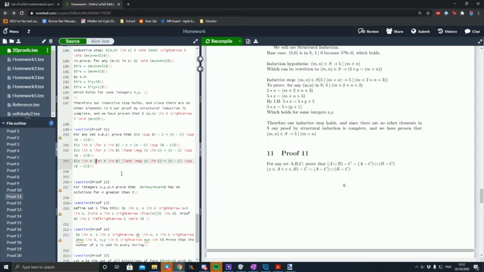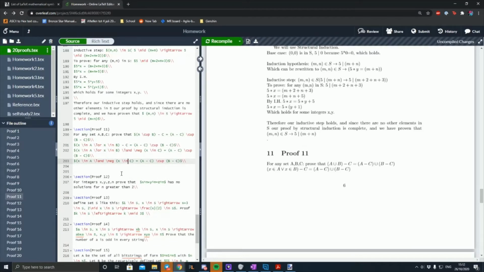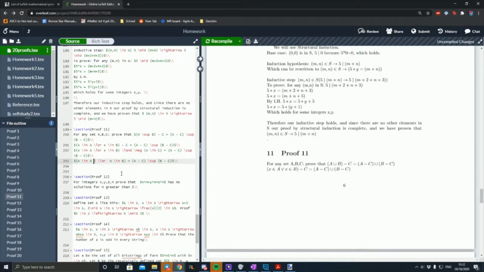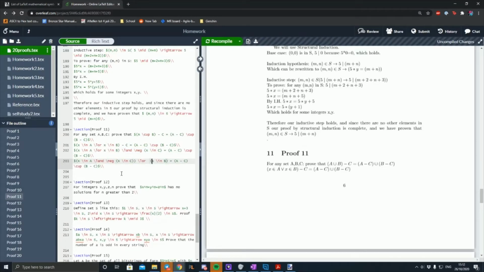So that means we can say this part and A, or this part in C. So yeah, with two closing brackets.